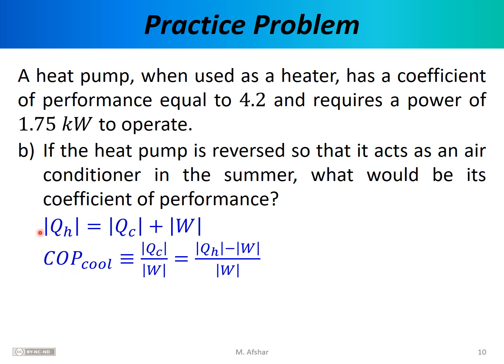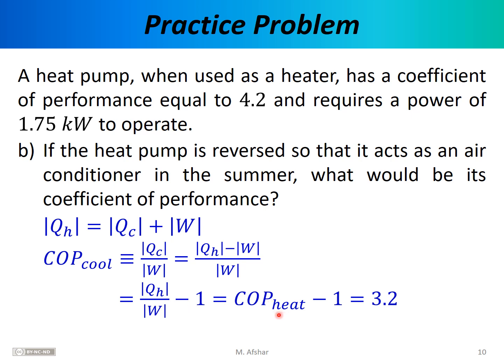Using this equation on top, we can write QC as QH minus W. So the coefficient of performance is QH over W minus W over W. So I'll write that as QH over W minus 1. Now from the previous slide, recall that QH over W is just a coefficient of performance in heating mode.